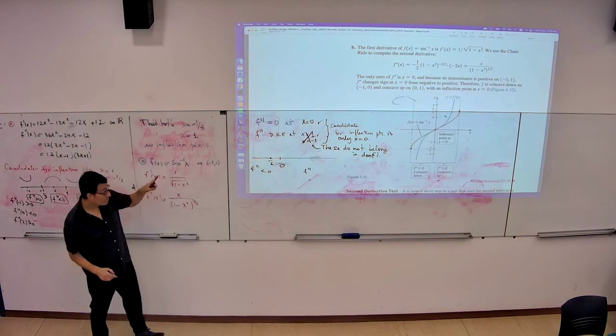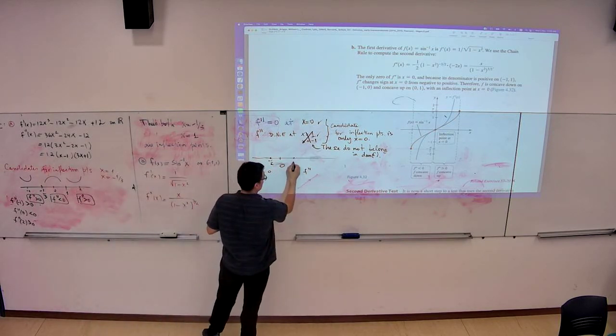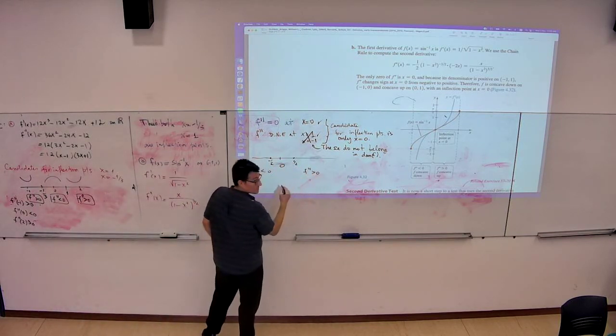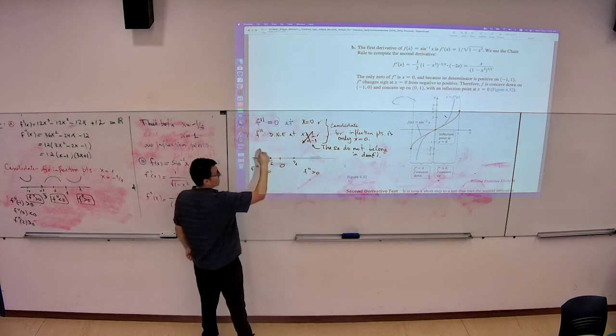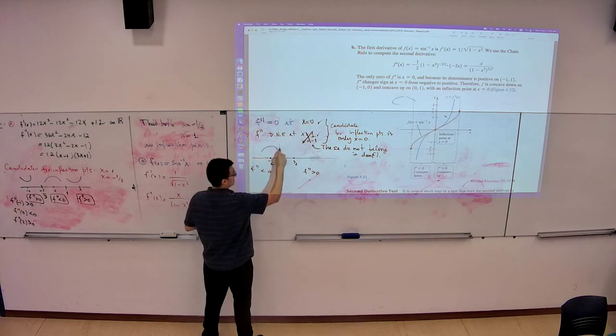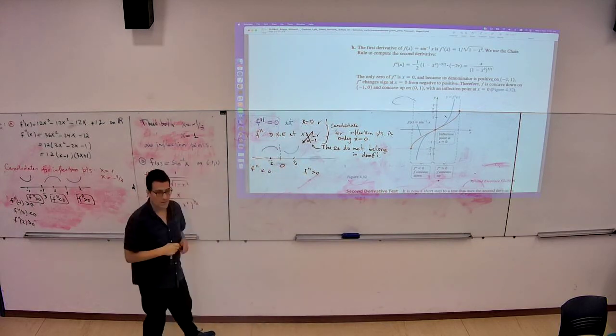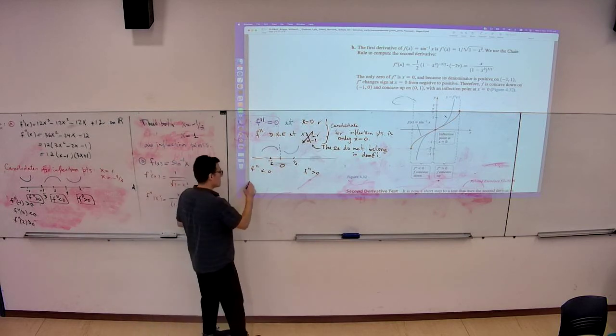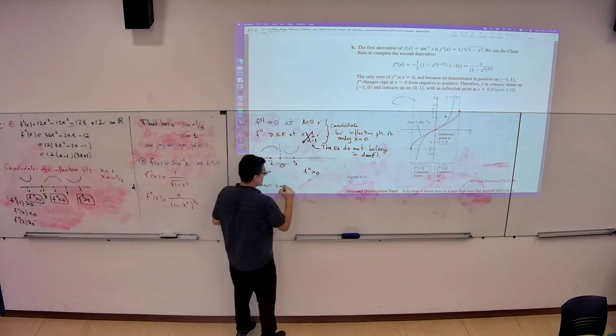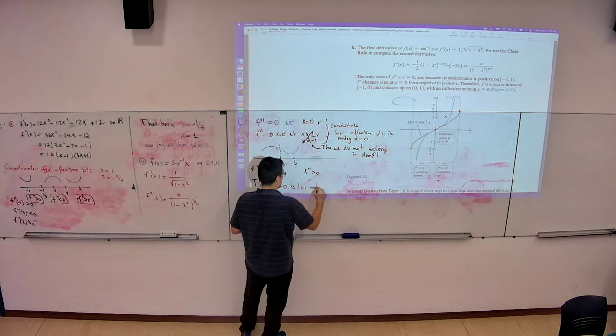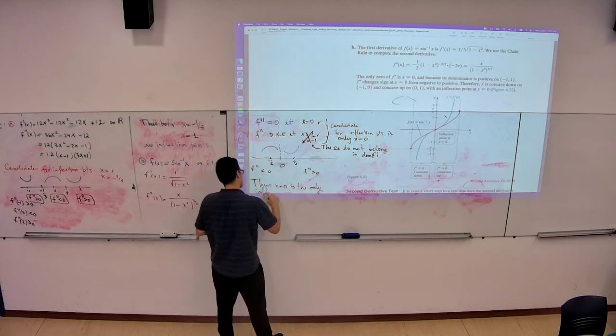And if I plug 1/2 on the other side, it's going to be positive. So actually, is it happy or sad here, the function? It's going to be sad, and then happy. So do you have an inflection point down there? Thus, x equals 0 is the only inflection point.